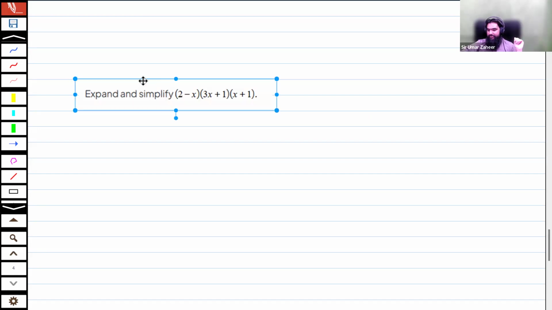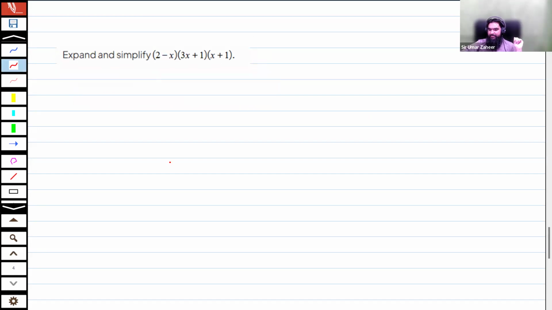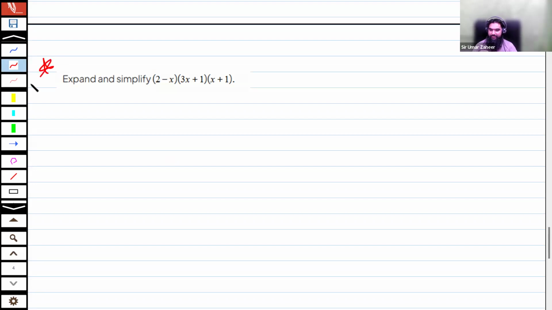It's a simple expansion, but here you have three brackets, so it's up to you which two you multiply first. You have 2 minus x into 3x plus 1 into x plus 1. You have to multiply these two first.